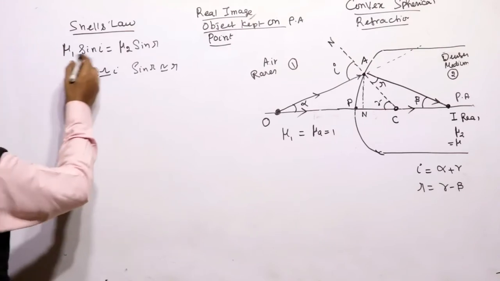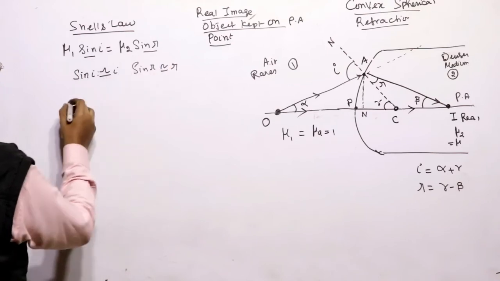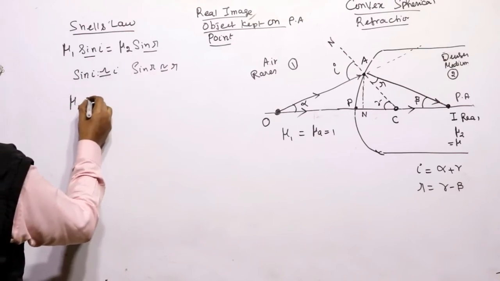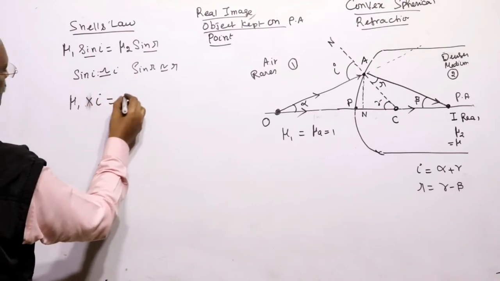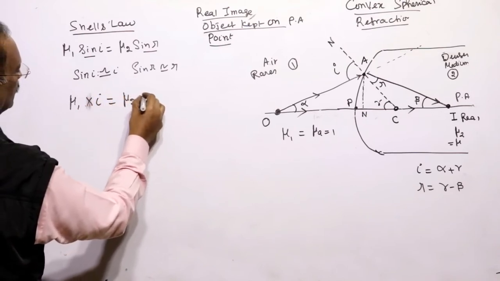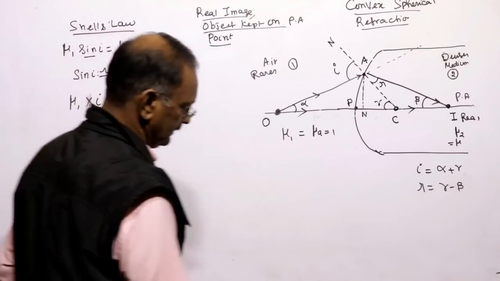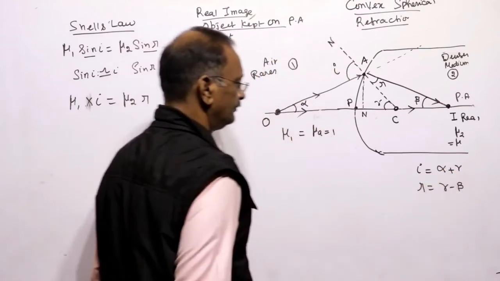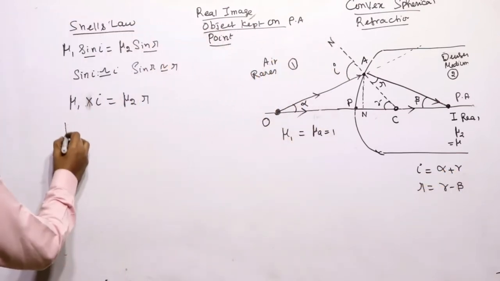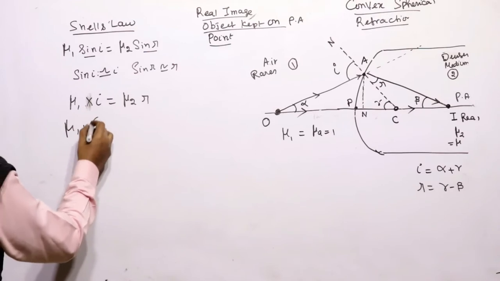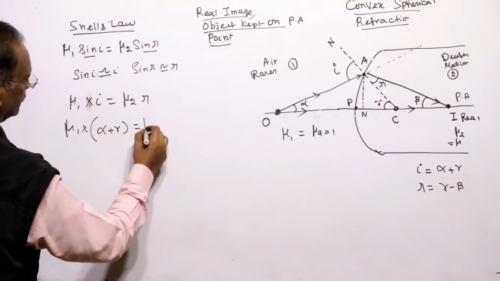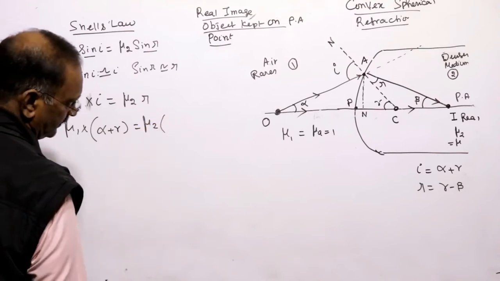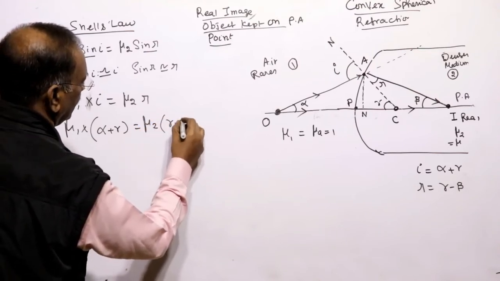So instead of sine I and sine R, we can write mu1 into I is equal to mu2 into R. What is I? I is equal to alpha plus gamma. So mu1 into alpha plus gamma is equal to mu2 into R, where R is equal to gamma minus beta.